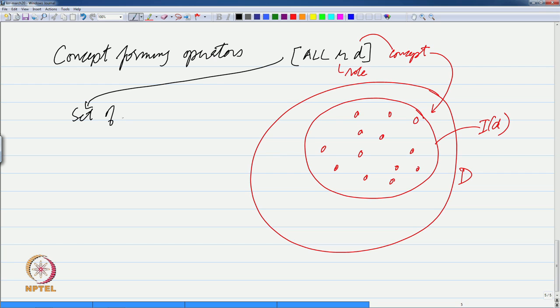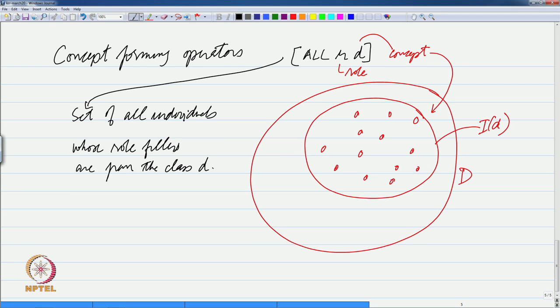So, the set of all individuals whose role fillers are from the class D. R is the role.